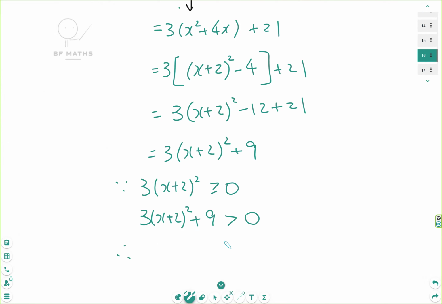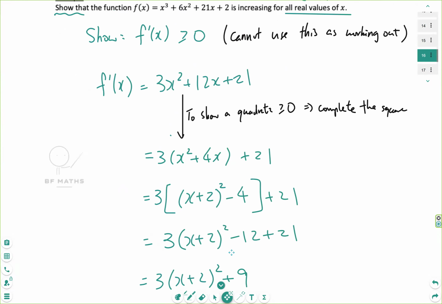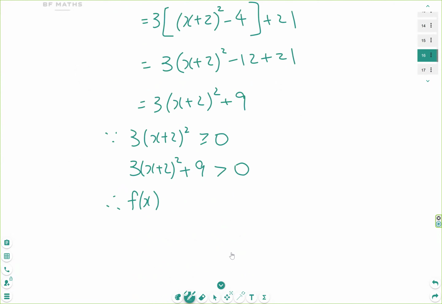Therefore, we have proven what we wanted to show, and so f of x is increasing when x belongs to the set of real numbers.